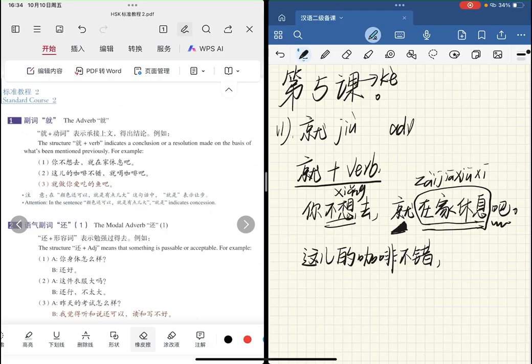So this is the situation. 这儿的咖啡不错 is a situation, right? So based on that, we make a decision. We decide 喝咖啡, we decide to drink coffee.